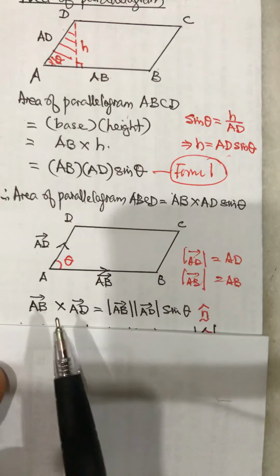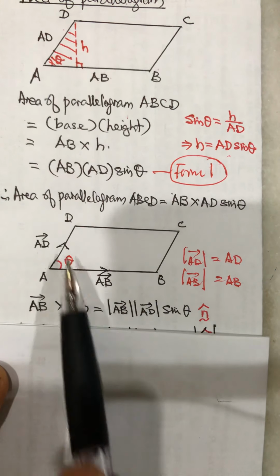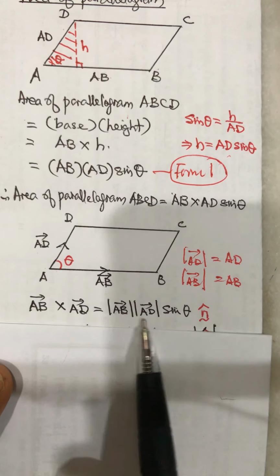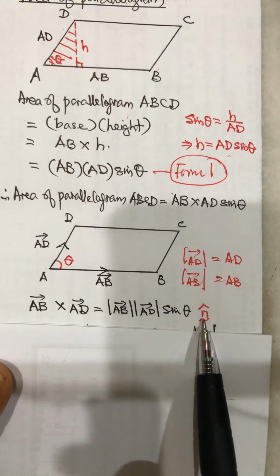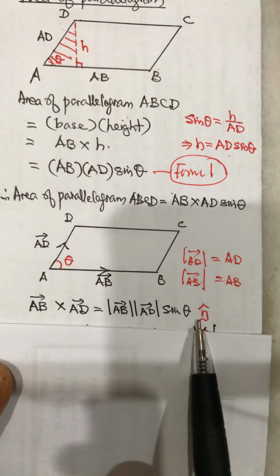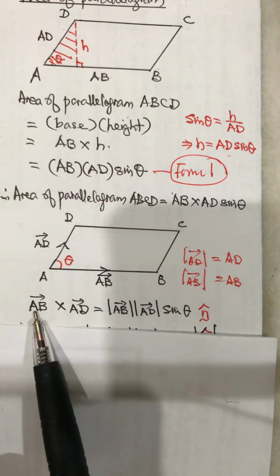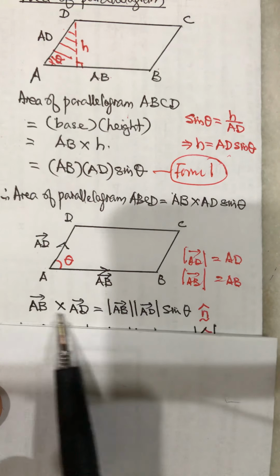And then here, if I cross AB cross AD, according to our formula it is the magnitude of AB, magnitude of AD, sine theta, and then you have the normal. When you cross two vectors, you get a vector which is perpendicular to these two, and we call it the normal of this and this.